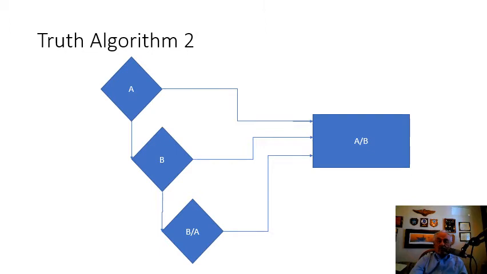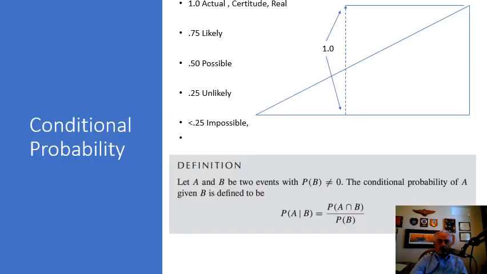And then ultimately we're looking for our final answer, which is what is the likelihood of A given that we understand or have knowledge of event B having occurred as well. Here we have the conditional probability shown graphically, and we'll be using this in the truth algorithm.